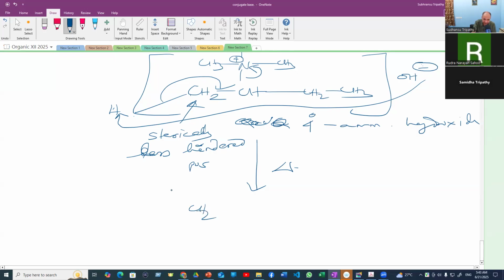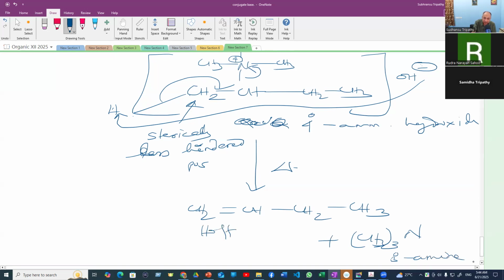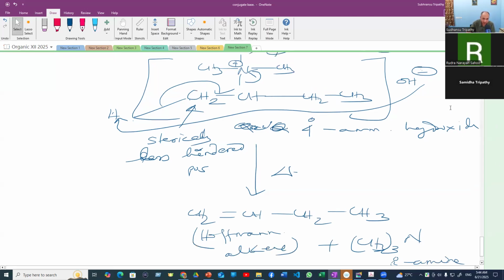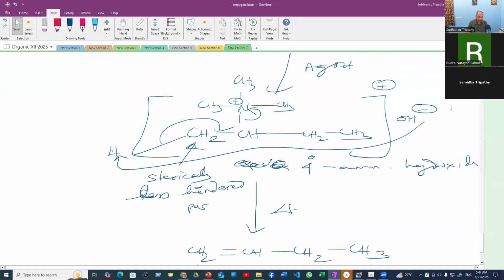So you get the major product as CH2 this, plus buy one get one free, you get a 3 degree amine as the other product and a Hoffmann alkene, or less substituted alkene, the anti-Saytzeff alkene. You got it? This is another important Hoffmann product which you get in absolute abundance. Got it?